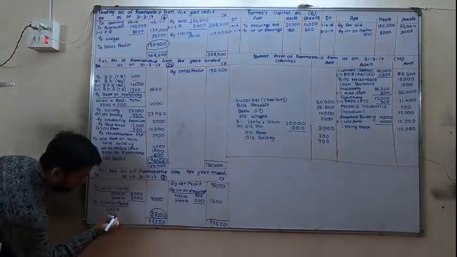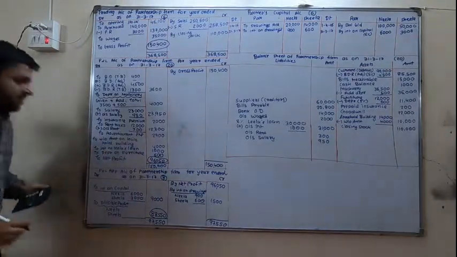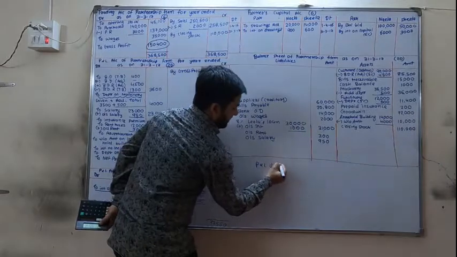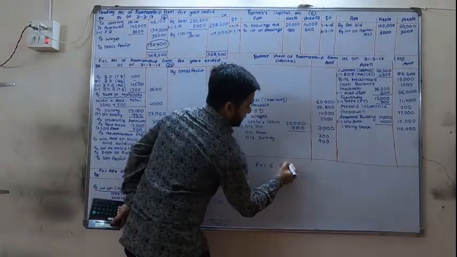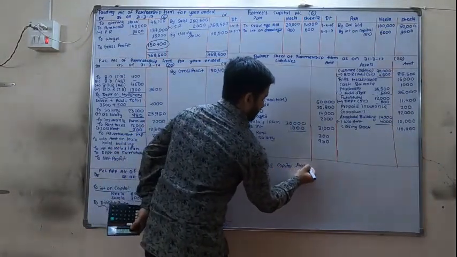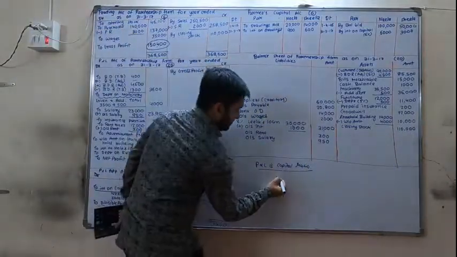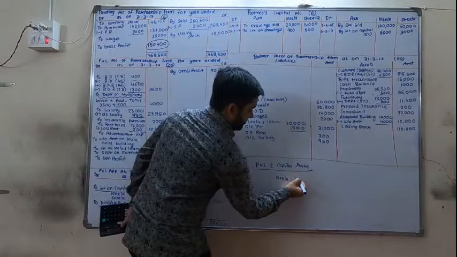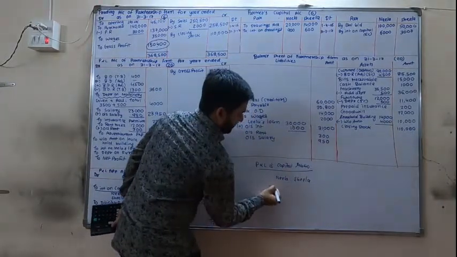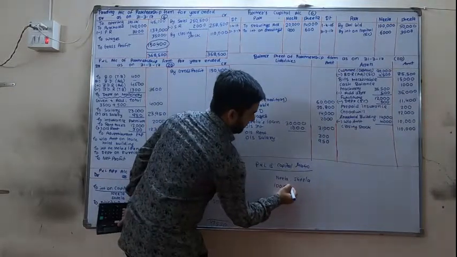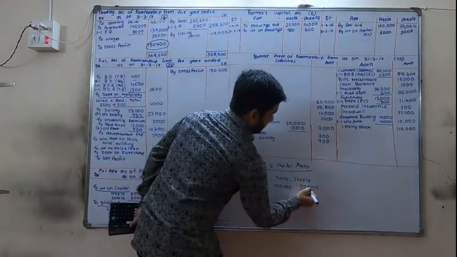Neela, Sheila. Okay friends, P&L ratio is capital ratio here. P&L ratio is capital ratio, so Neela is to Sheila. Capital of Neela is 1 lakh, Sheila is 50,000.